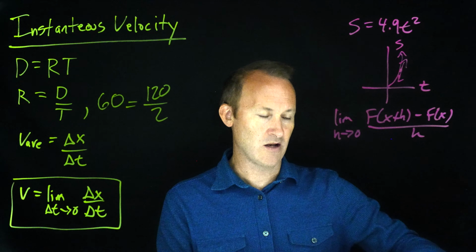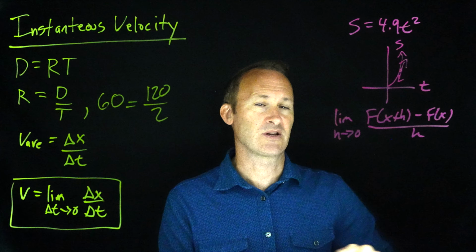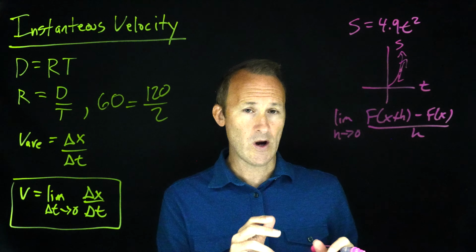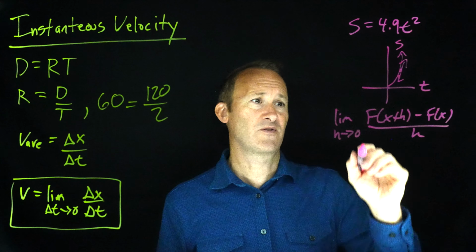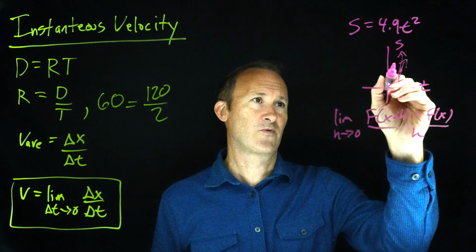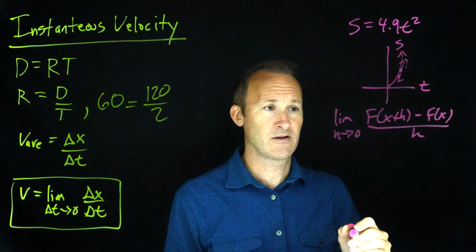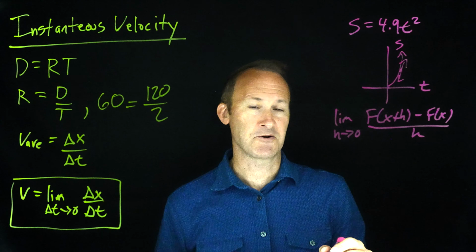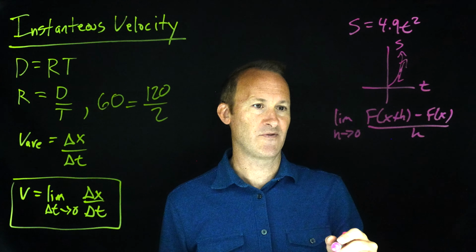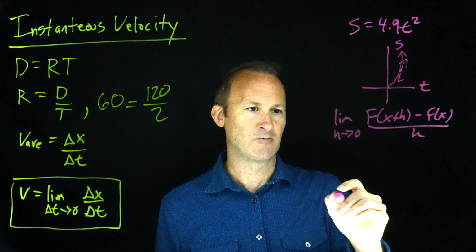Okay, so this is interesting. Why don't we go ahead and do this with this particular equation, and let's see what we in fact get. Okay, so the function is 4.9 t squared. Okay, so in effect it's a function of t here, not of x, and so we can modify it accordingly.